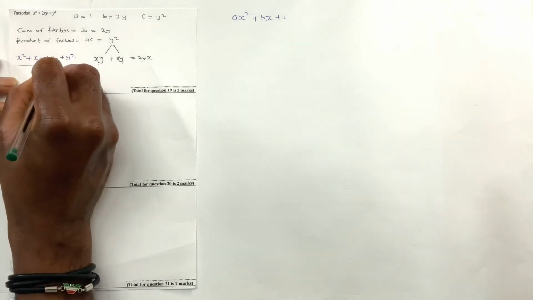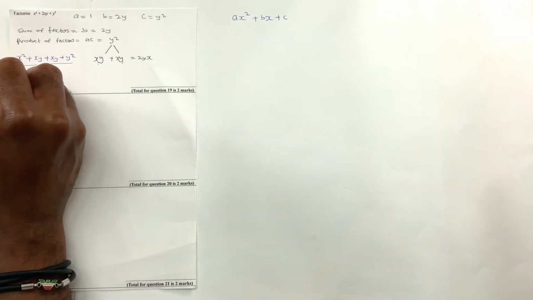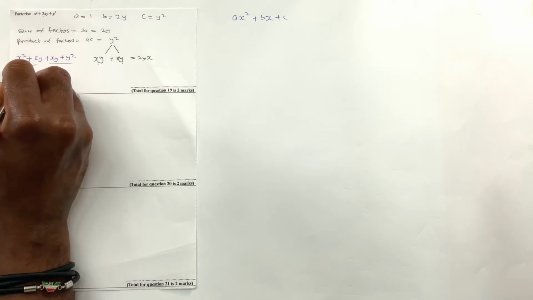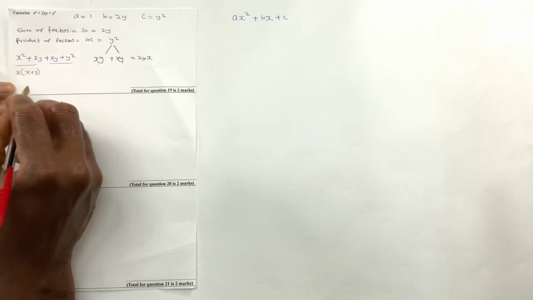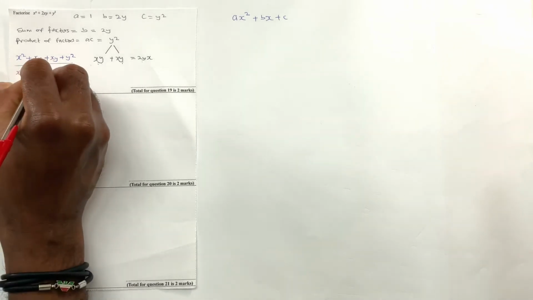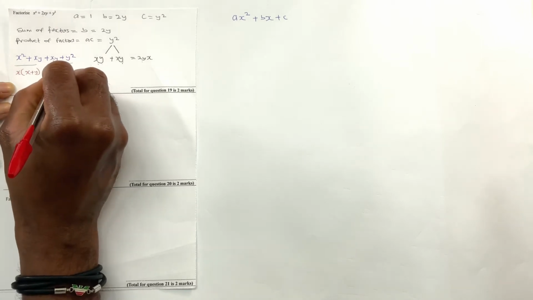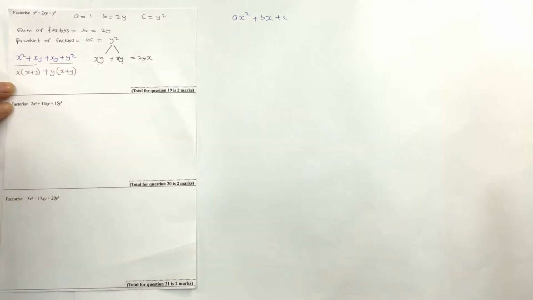There's a common factor here, there's a common factor there. The common factor here is x, and that's x plus y is left. Plus the common factor here is y, and that's x plus y.